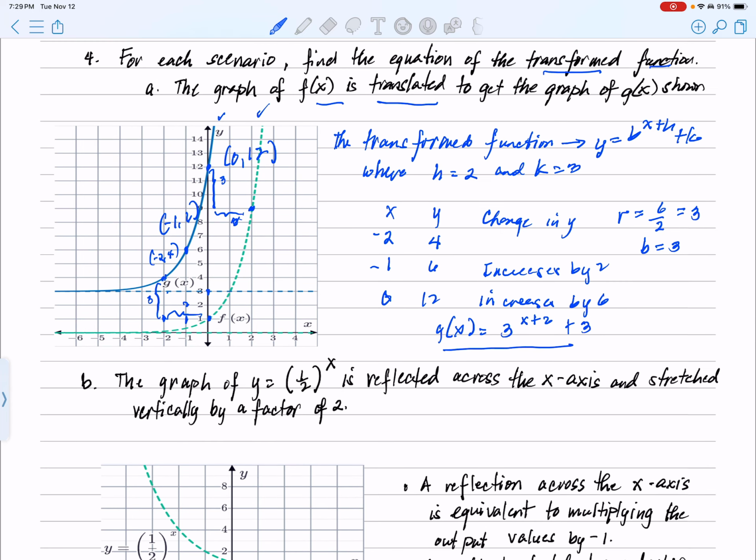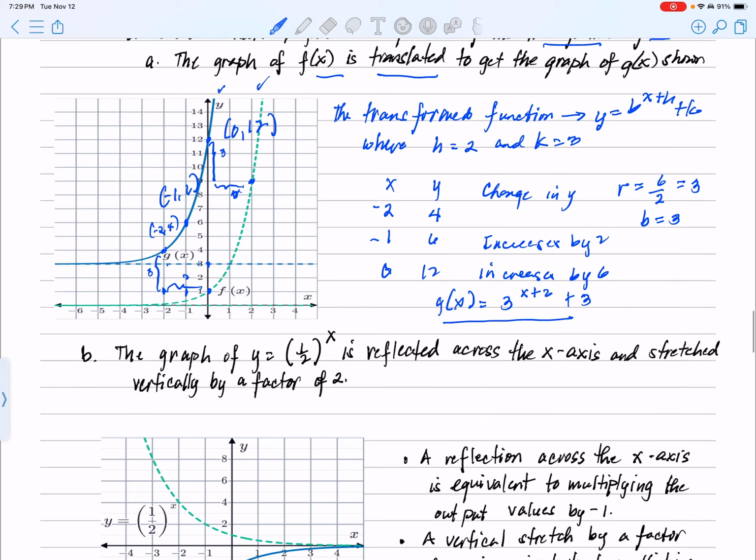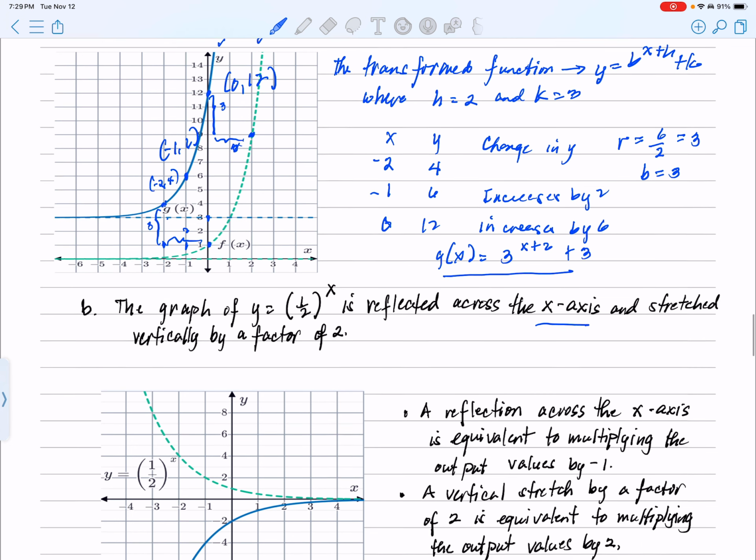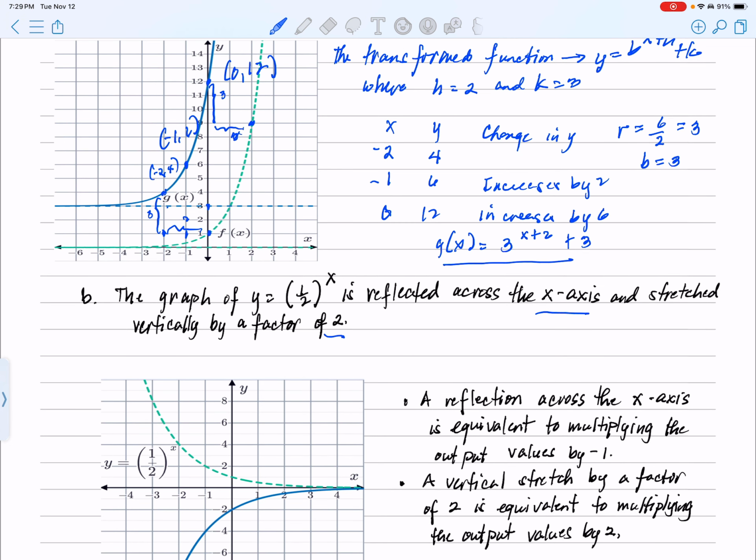All right, let's have letter B. The graph of y equals 1/2 to the power of x is reflected across the x-axis and stretched vertically by a factor of 2. So we can represent it by looking at this graph.